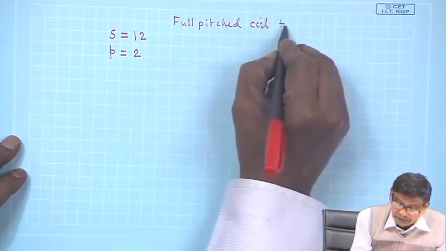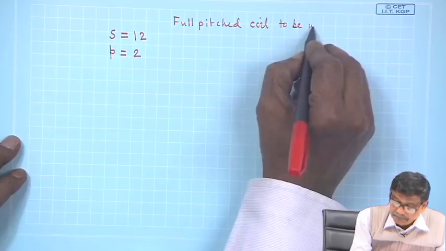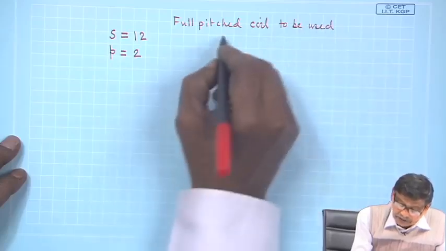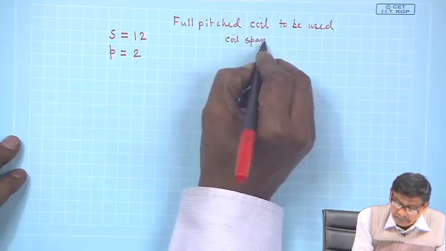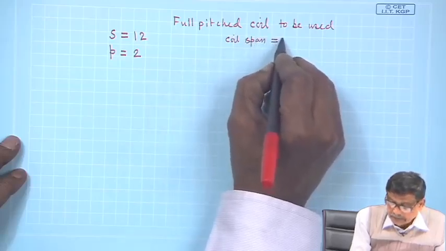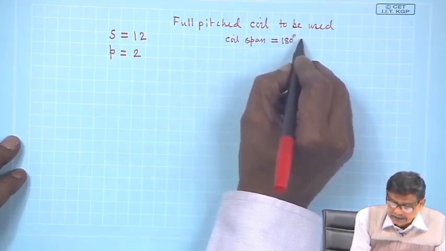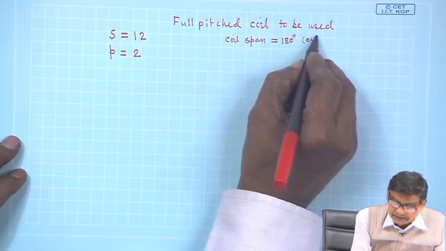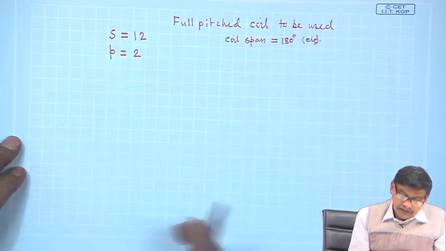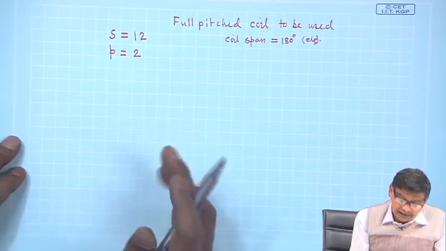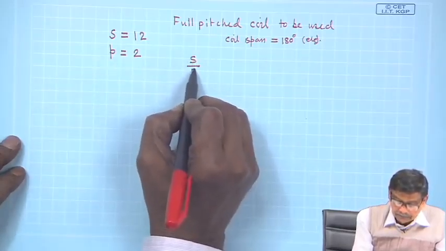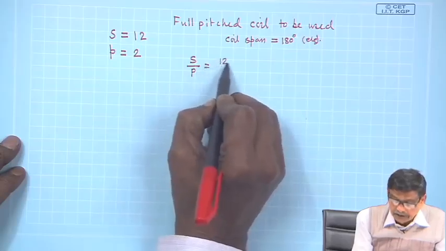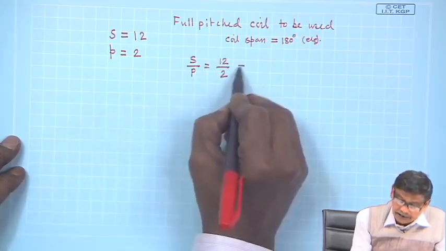Full pitched coil to be used, which means that the coil span is equal to 180 degrees electrical, it is obvious. So, how to calculate this angle? Calculate slots per pole, which is 12 by 2, and you get a number 6.